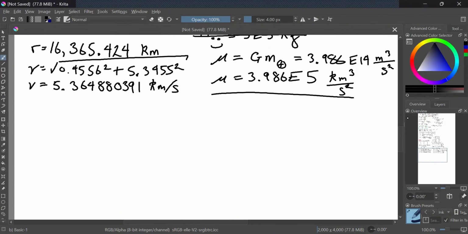All right. So now we have all of our components here. We have radius, we have our velocity, and we have a gravitational parameter. Let's plug it in. Already, let's get it wrong.